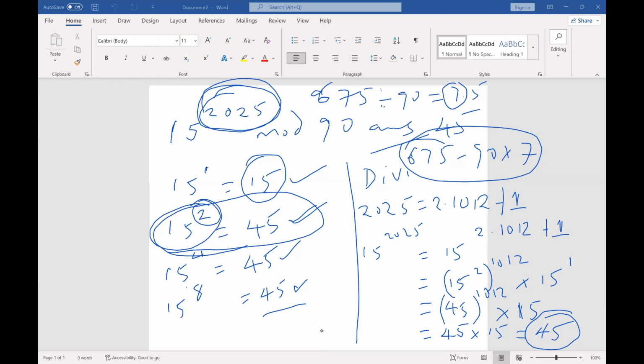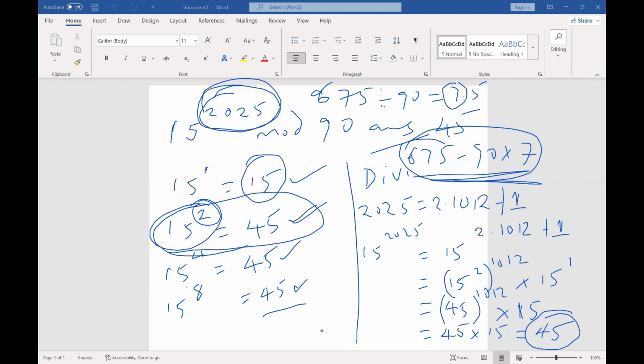So now what we do, take 675 minus the divisor, which is 90, times 7. Because 7 is your result, the whole number 7, so ignore the decimal, and then tell us what you get.